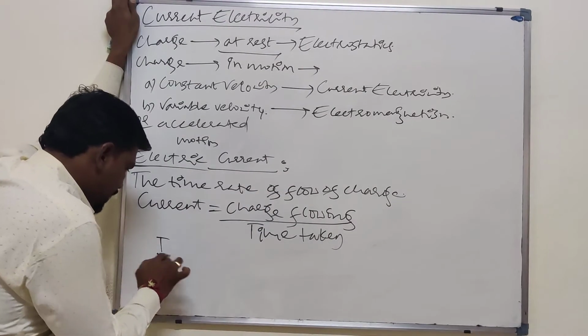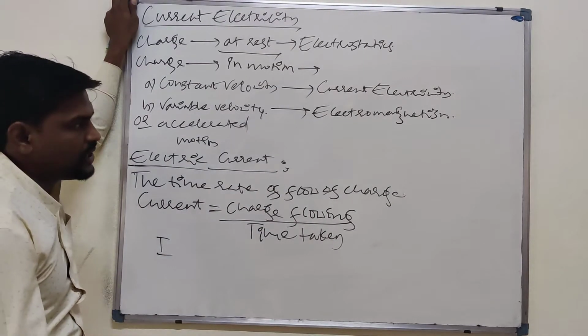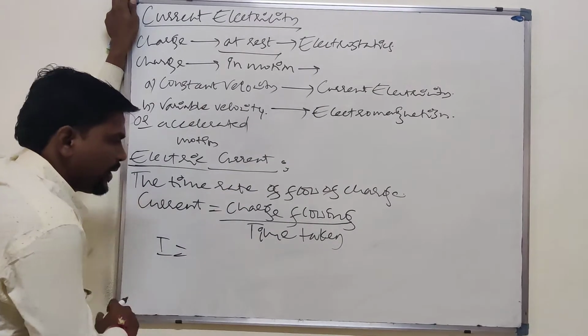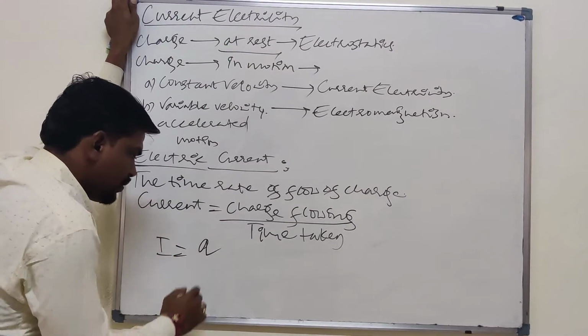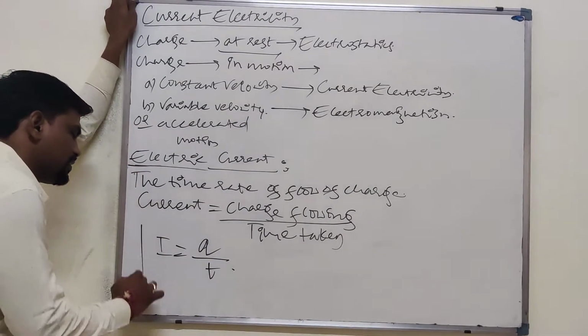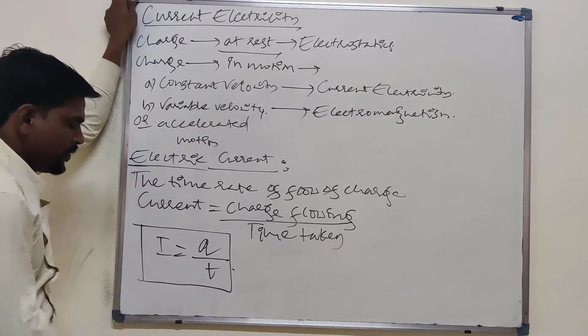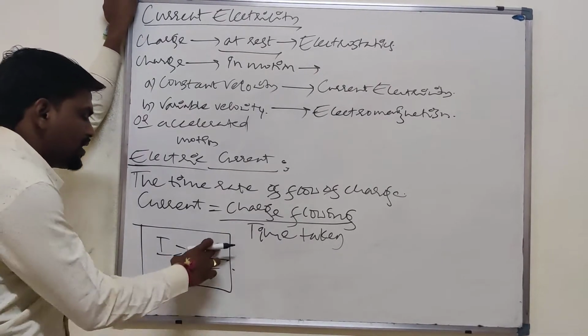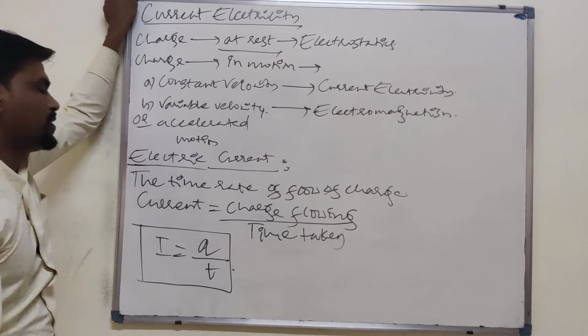The current is denoted by I, charge means Q, time means T. So this is current: charge divided by time.